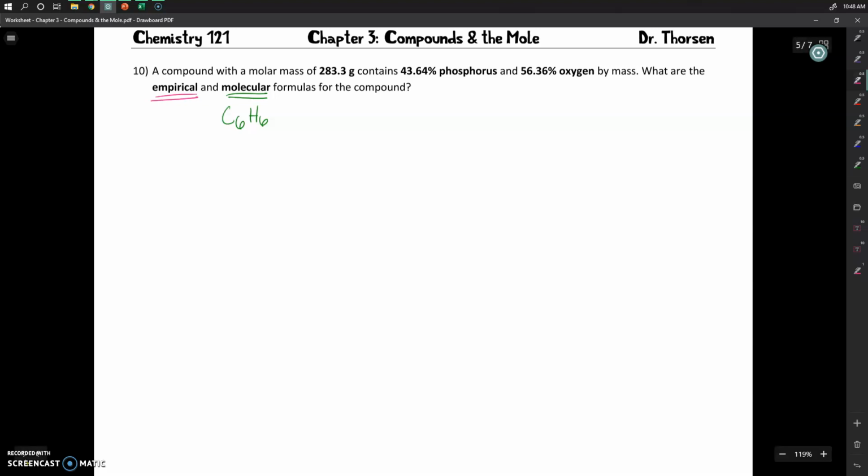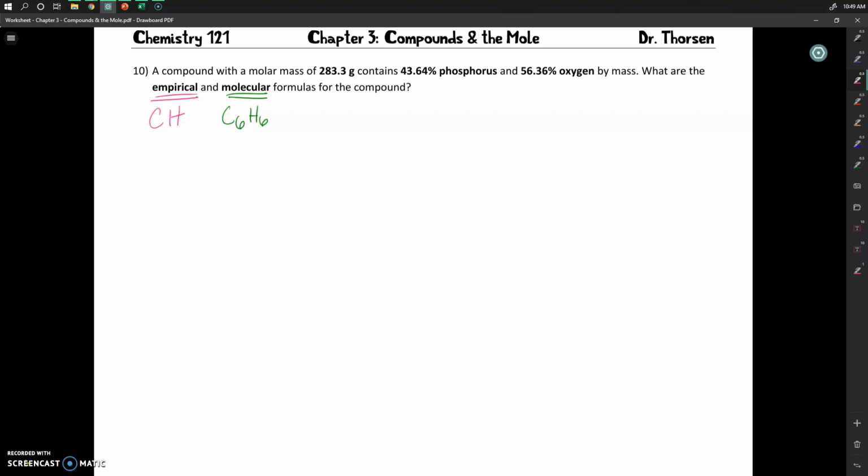But the empirical formula simplifies the subscripts of the molecular formula so that they're all the smallest numbers they can be, basically thinking about how you can divide all the subscripts by a number to get them to be the simplest whole number values. For C6H6, that value we would divide by is 6, and so we would just get CH for the empirical formula.